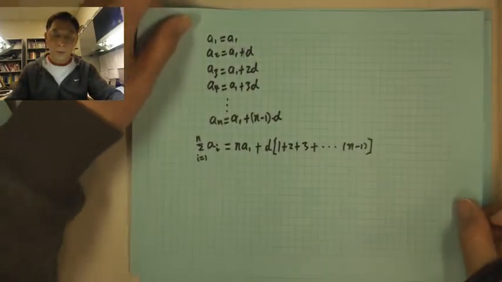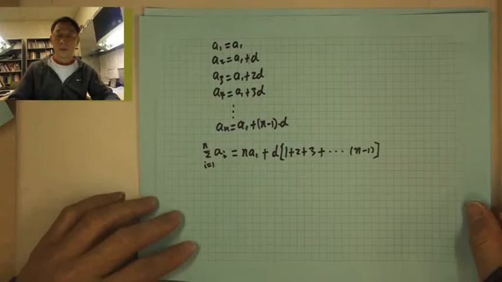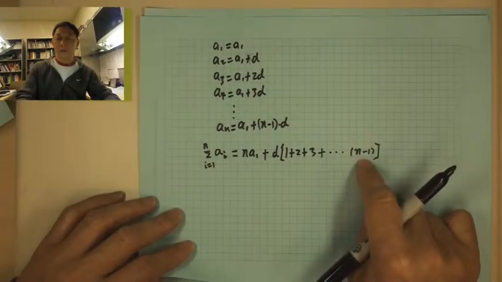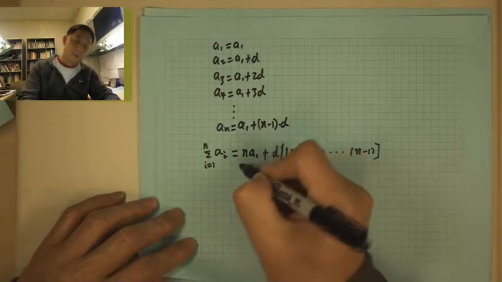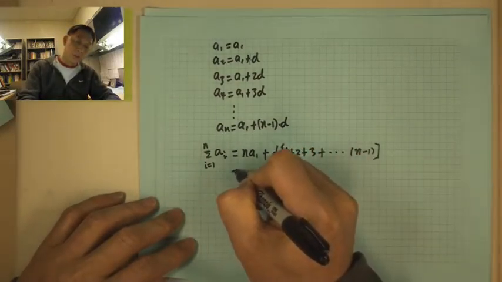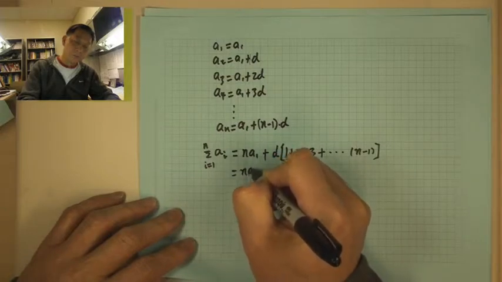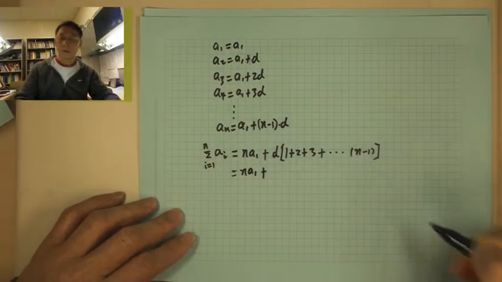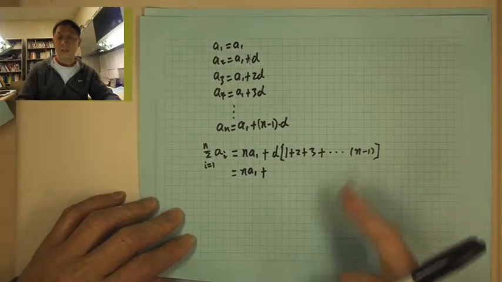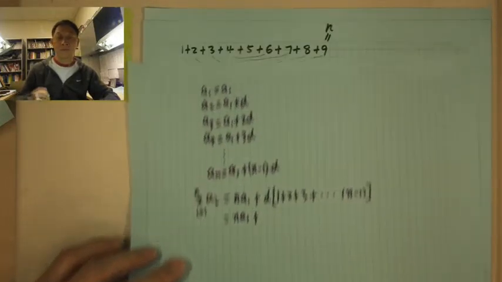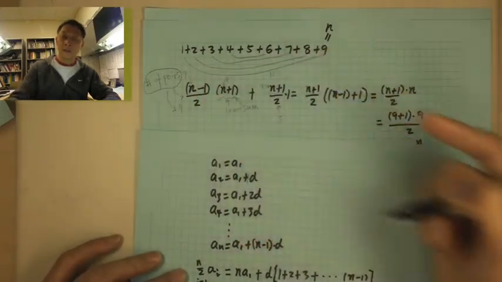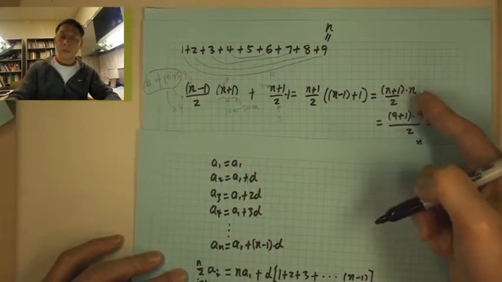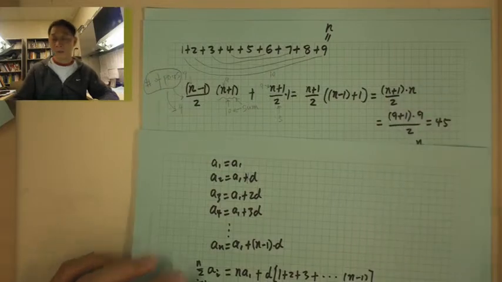Now look, what do we have here? Instead of n terms, here we have n minus 1. How does the formula look? Now the principle still holds here. First term plus last term. Here the first term is 1 plus the last term, times the number of terms, then divided by 2.